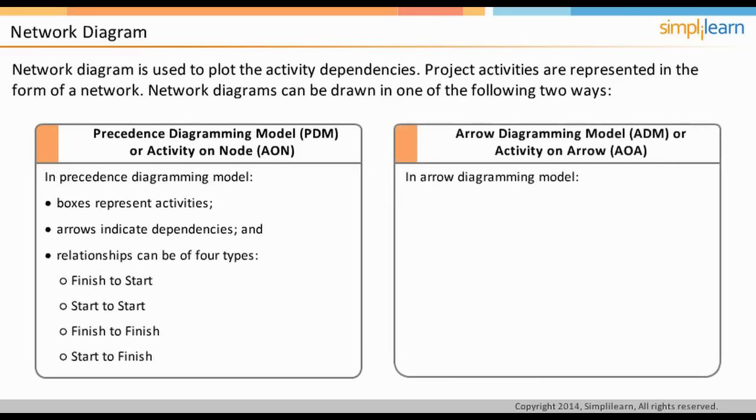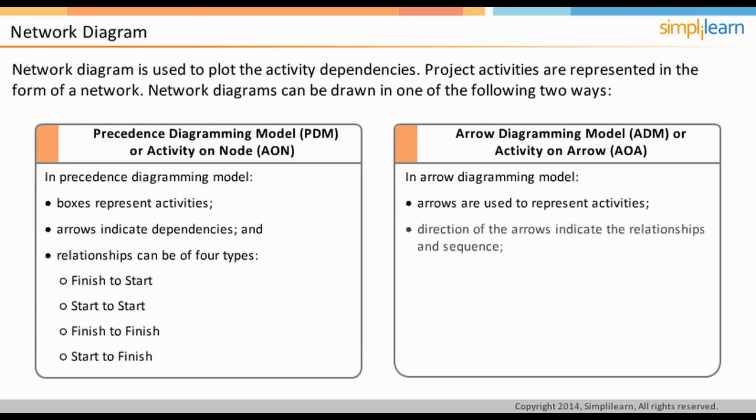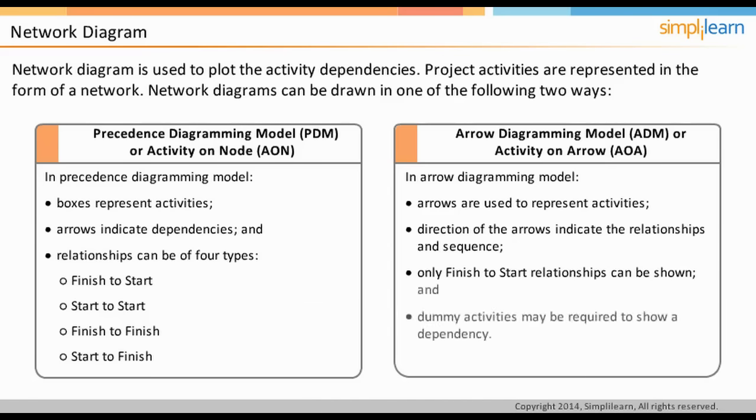In Arrow Diagramming Model, ADM, or Activity on Arrow, AOA, the arrows represent activities. The relationships and sequences can be inferred from the direction of the arrows and linkages between the activities. In such types of network, only finished-to-start relationships can be shown.